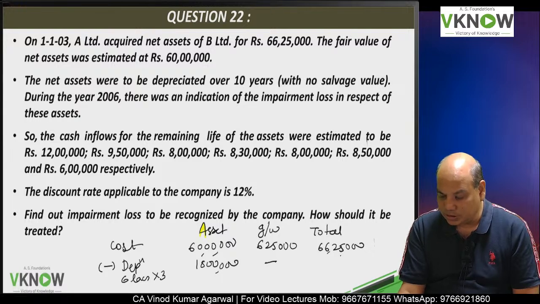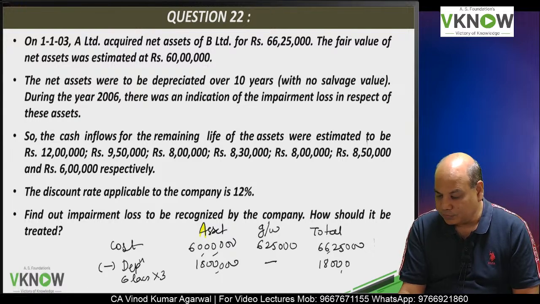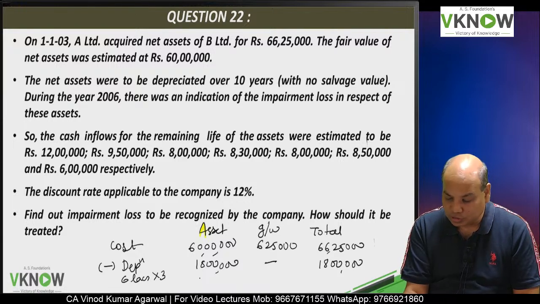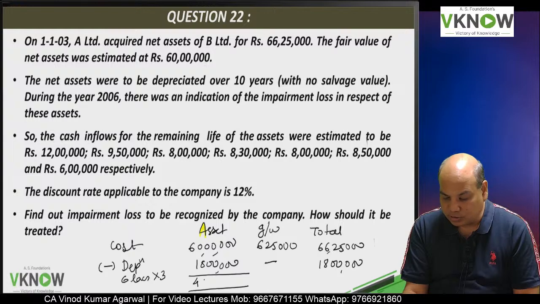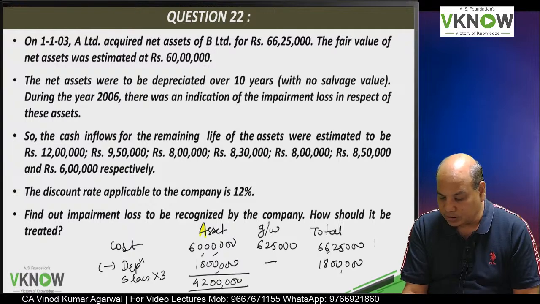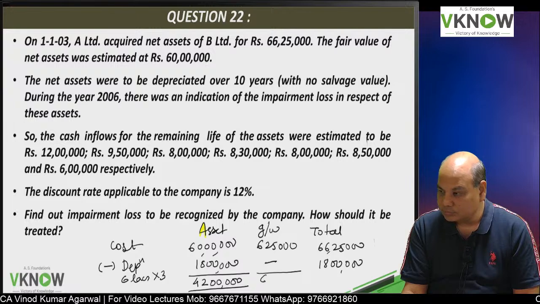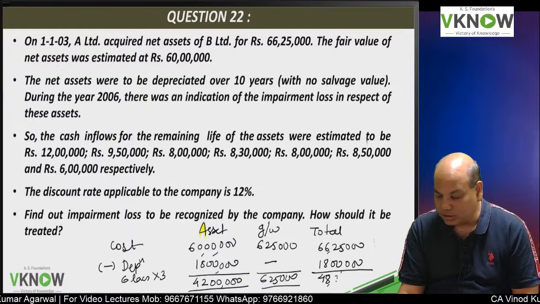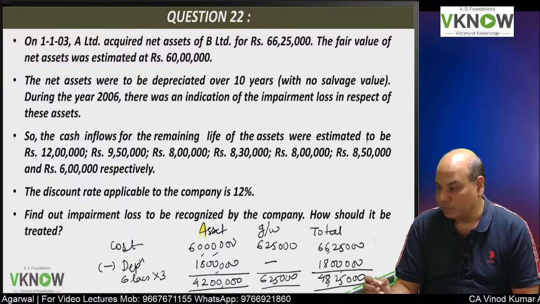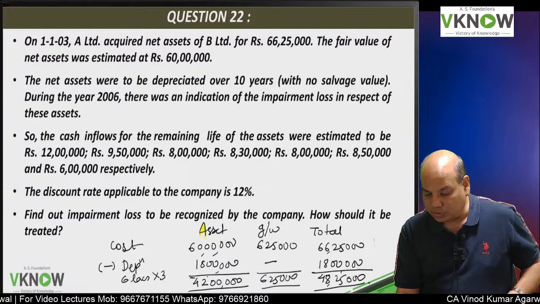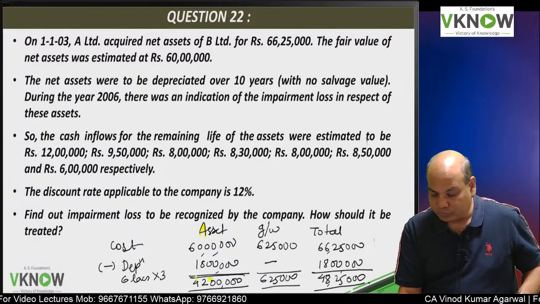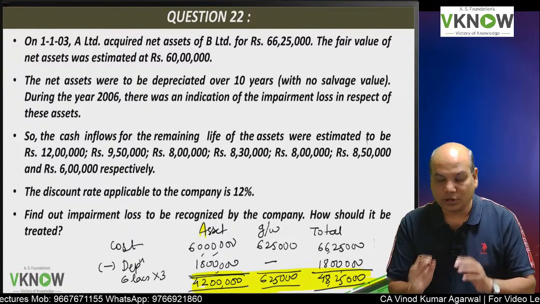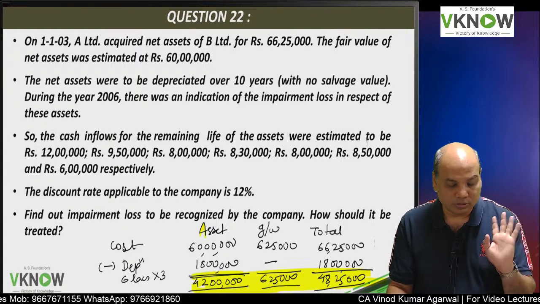For goodwill they have not mentioned anything, so you ignore depreciation or amortization on goodwill. Therefore the carrying amount today after 3 years is 42 lakh plus 6,25,000, and this is 48 lakh 25,000. This is my carrying amount right now. I'll highlight it, as I will require it for the impairment calculation. So step number 1, carrying amount, is done.